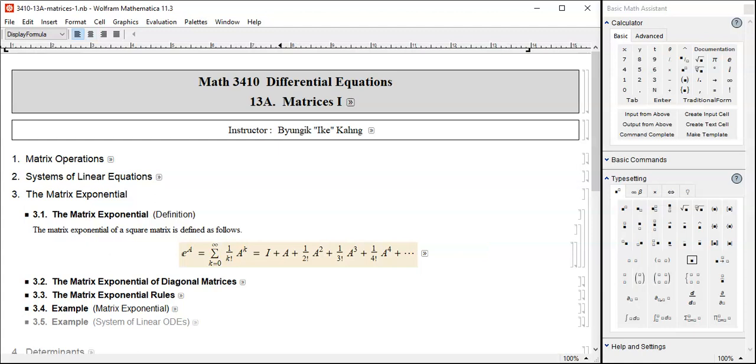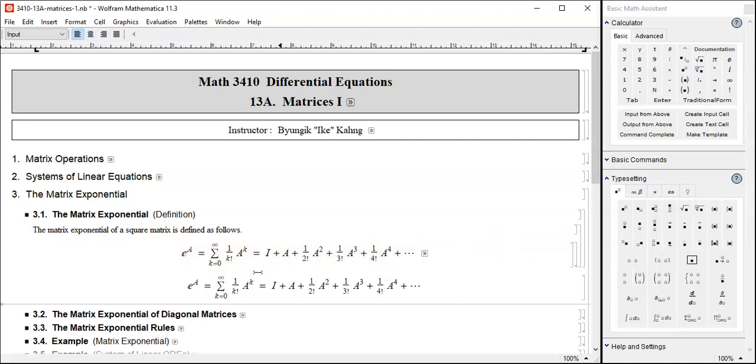Here is a definition of the matrix exponential, and this is the kind of quantity that we are looking for. And by the way, this is the very same expression as the definition of the real exponential function. We define it like this.